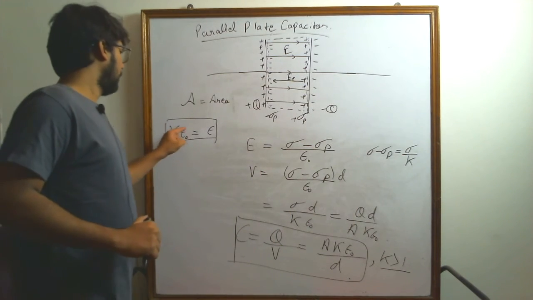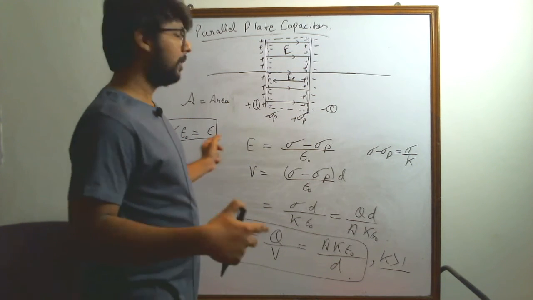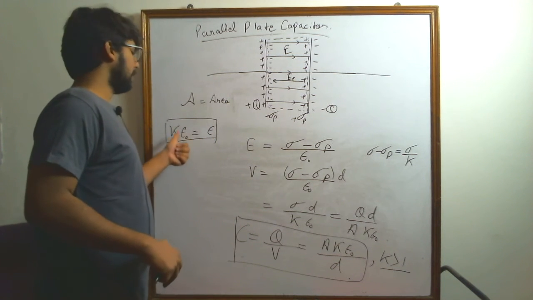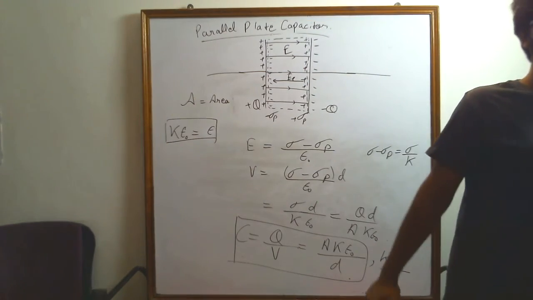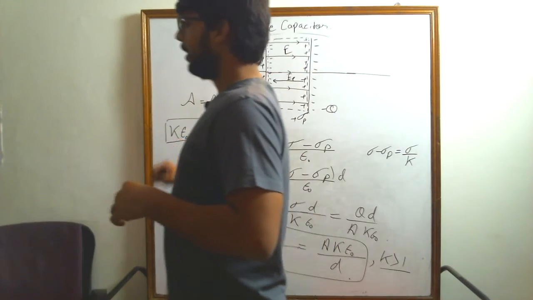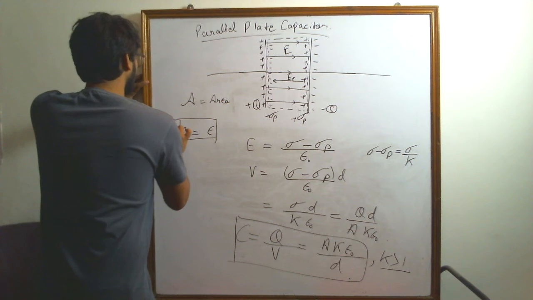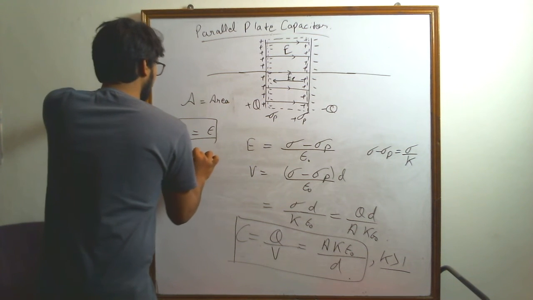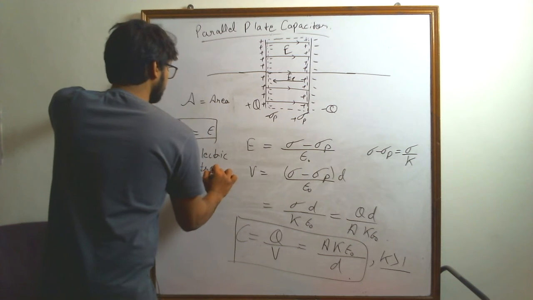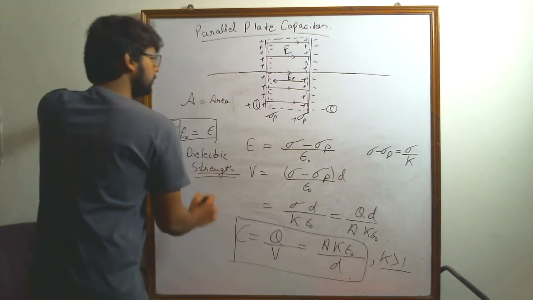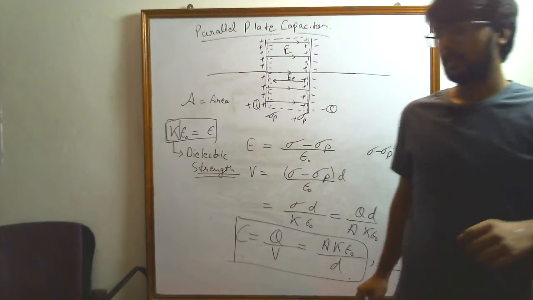Epsilon naught is the permittivity of vacuum, so epsilon upon epsilon naught gives me K, which is again a very important number. K is essentially the dielectric constant, or just dielectric strength. So that is what the difference is between them.